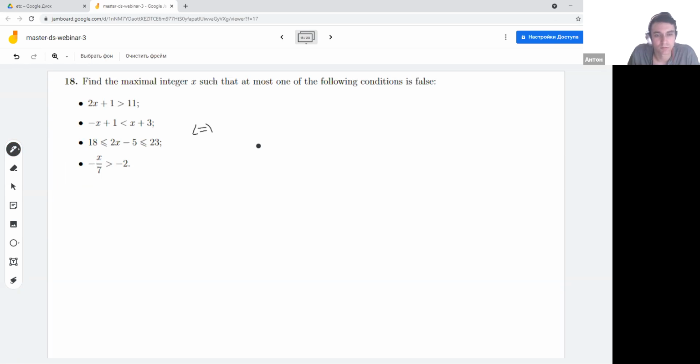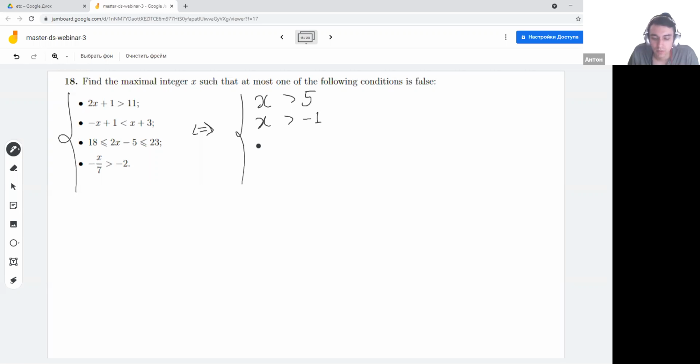So I would like to simplify this condition. If 2x plus 1 is greater than 11, it just means that x is greater than 5. And also here, 2x is greater than minus 2, so x is greater than minus 1.